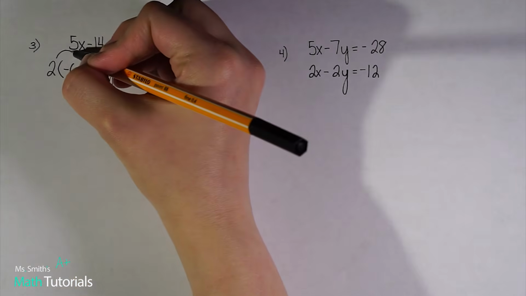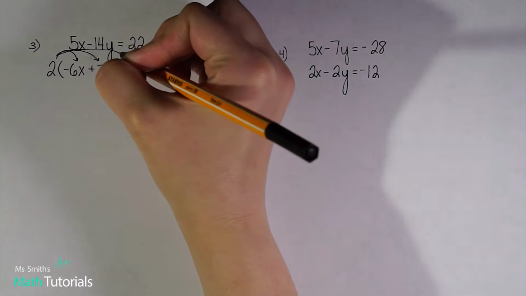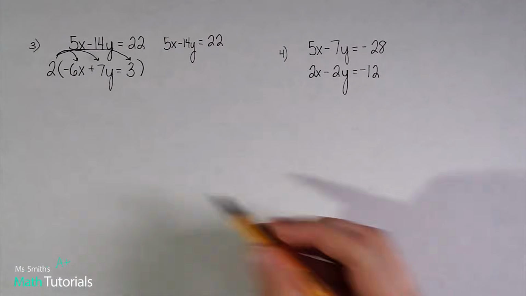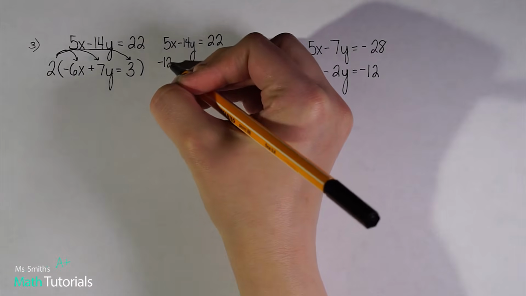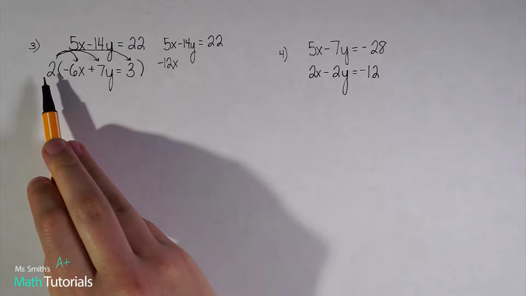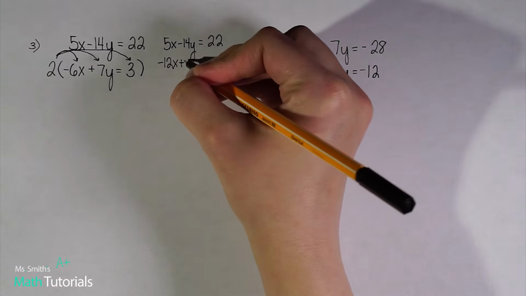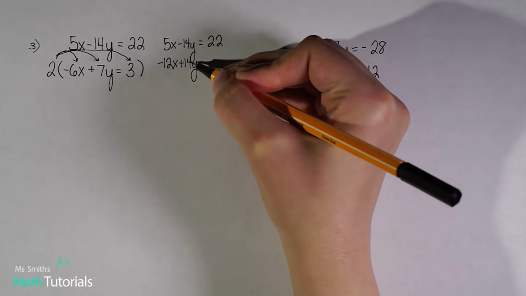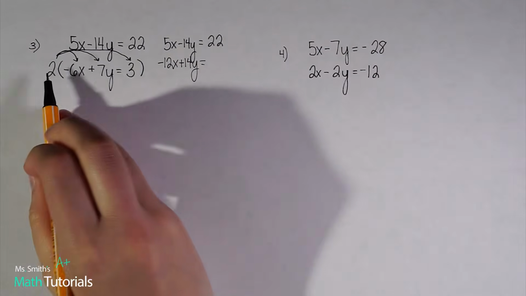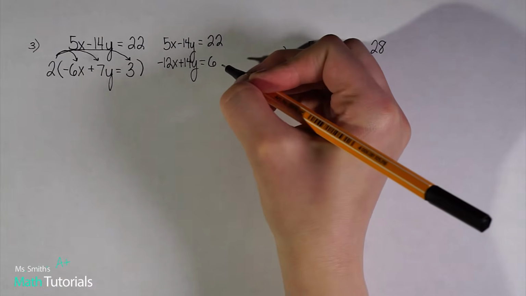So I need to distribute this 2 to every part of the problem. 2 times negative 6x will give me negative 12x. 2 times 7y is going to give me positive 14y. That's what I want. I want the same but opposite. So let's keep going. 2 times positive 3 will give me positive 6.